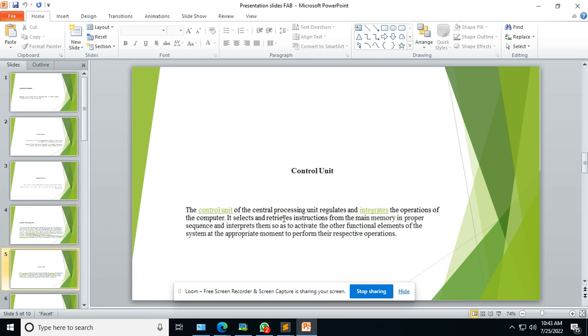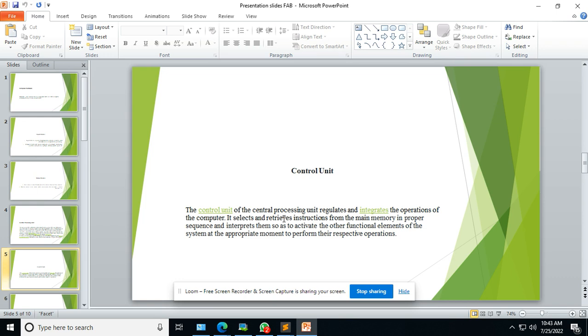So we move to the functions of the central processing unit. One is the control unit. This is where the central processing unit regulates and integrates the operation of a computer, whereby it selects and retrieves instructions from the main memory in proper sequence and interprets them so as to activate the functional elements of the system.